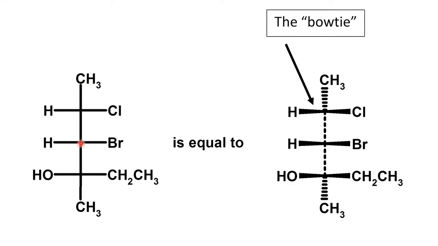That's why they are represented in the Fischer's projection in a vertical line. While H and Cl, H and Br, OH and CH2CH3 are oriented towards the viewer, so they will be represented with a horizontal line. And of course, the center is our chiral center, so it is represented by the intersection in the Fischer's projection.